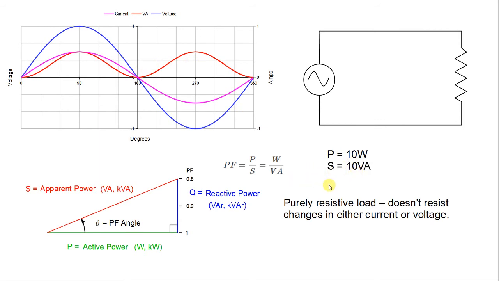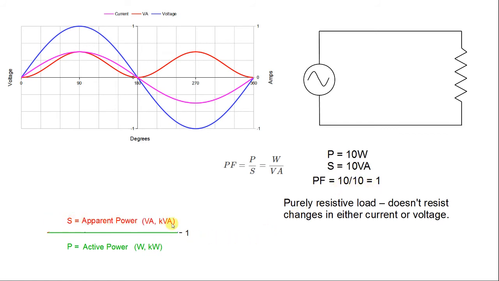Well, my volt amperes are 10, so my power factor would be 10 divided by 10, which is 1, and I would in effect have my apparent power and my active power on top of each other, and that would give us a power factor of 1. I'm hoping that is starting to solidify in your mind a little bit.